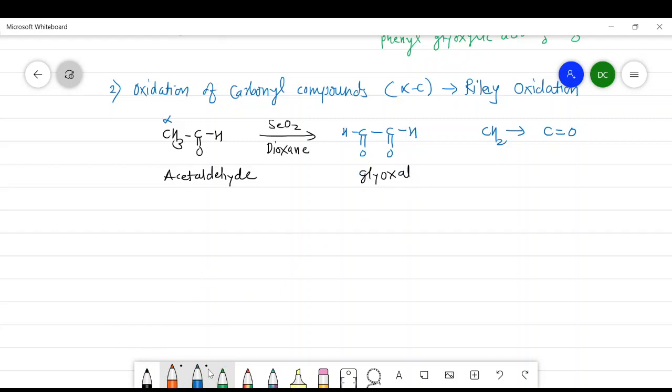Now we will take the example of another carbonyl compound in which we will take CH3, CH2, then here we will put a CHO. It is propionaldehyde.